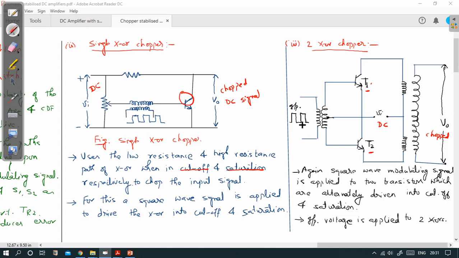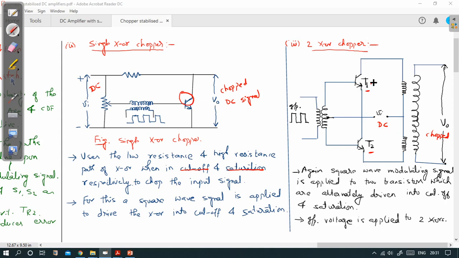So with the application of this square wave signal, the transistors will go into saturation or cutoff, by the same process that we had seen here.